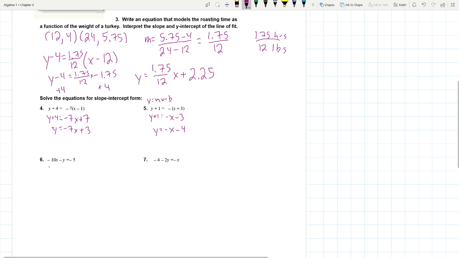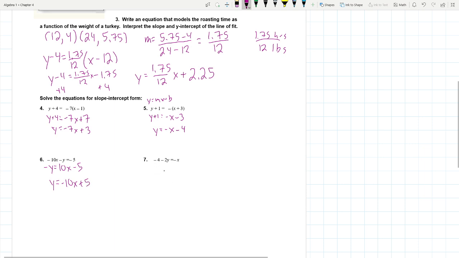Number 6, got to do a little bit more work. I'm going to start off adding 10x to both sides. So I get negative y equals 10x minus 5. Divide both sides by that negative, so I get y by itself: y equals negative 10x plus 5.